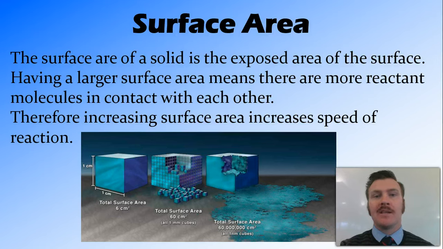If you break that solid into two smaller pieces, they're going to increase the surface area because there's going to be an extra surface exposed. If you follow this on, if you were to grind it into a fine powder, you'd have much more surface area exposed, therefore more reactions are going to occur, and the reaction is going to occur faster.